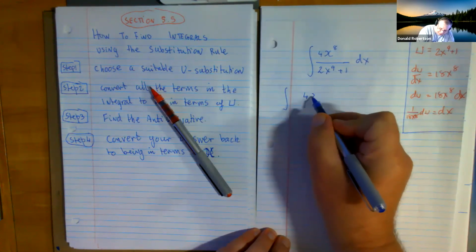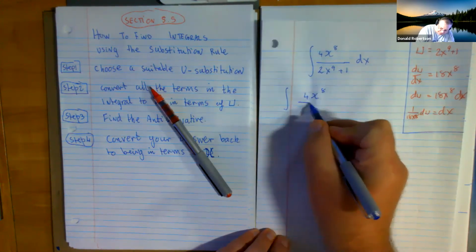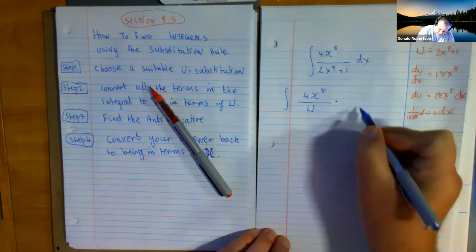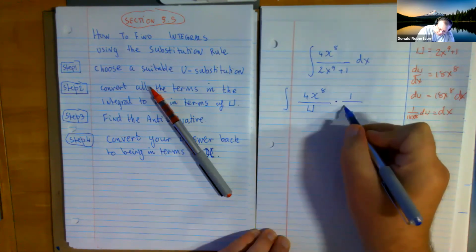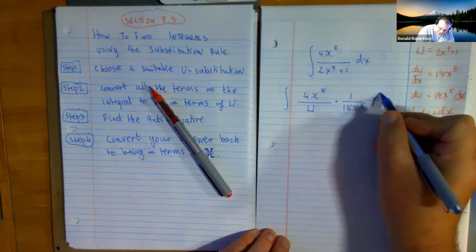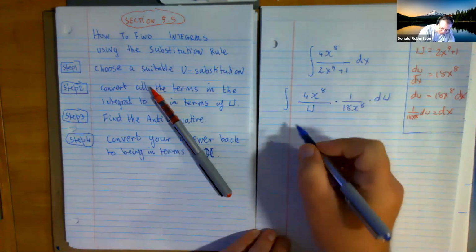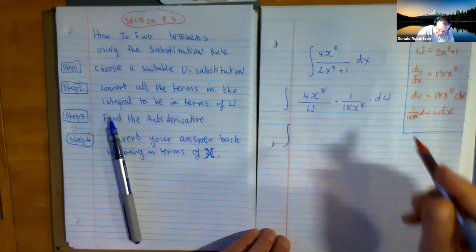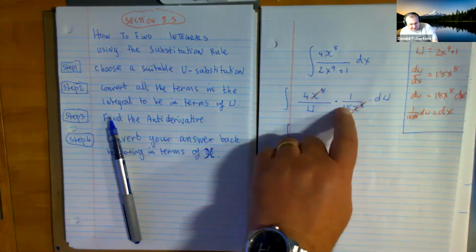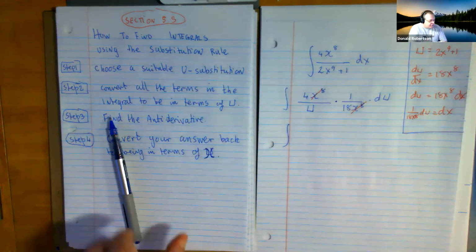Just going to leave the 4x to the power of 8 for a minute over u times 1 over 18 x to the 8 du. Nice cancel. Can I take care of this a little bit and call it 2/9 as well?